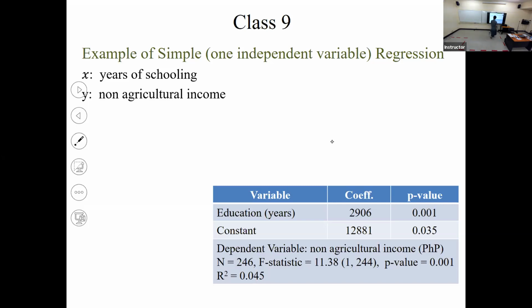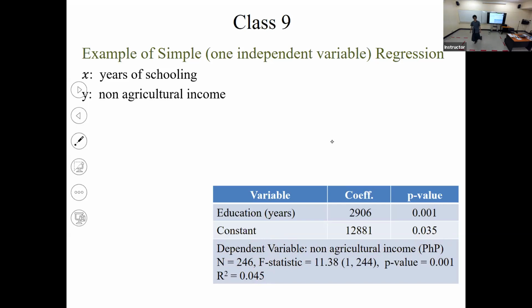And of course, not only independent variables, but you have to specify the information on the dependent variable. Usually in the margin, like here below, or sometimes at the top as part of the caption or title of the table, you can include the dependent variable. If not, you have to specify it somewhere. So this is one method: dependent variable, non-agricultural income, Philippine pesos.